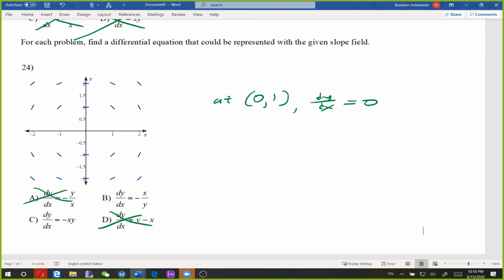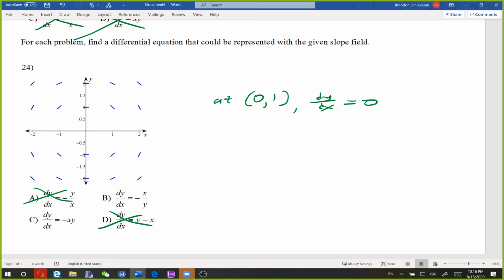Okay, so now I'm going to look at answer B and answer C. Is there any point that you would plug in for either B or C that would let you know which one is the right answer? One, 1.